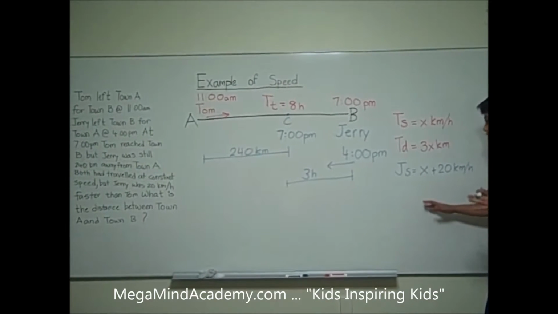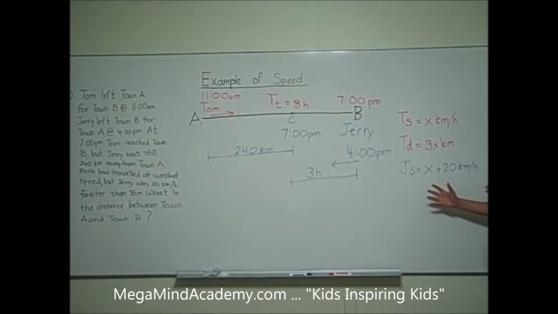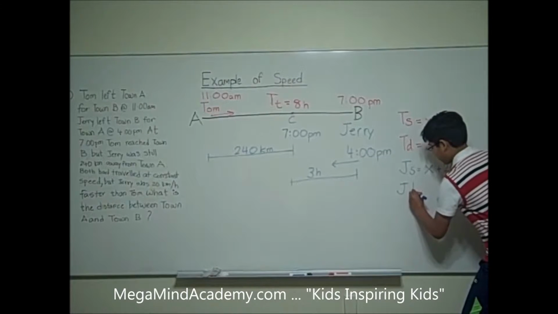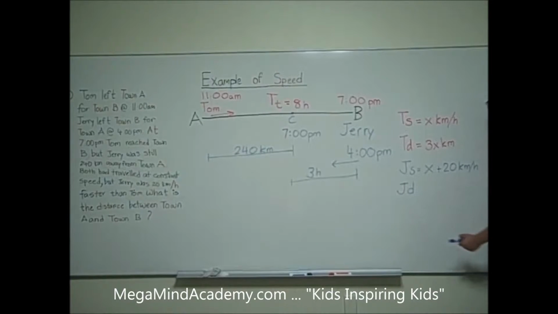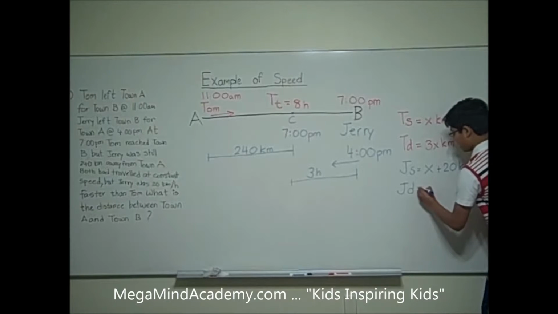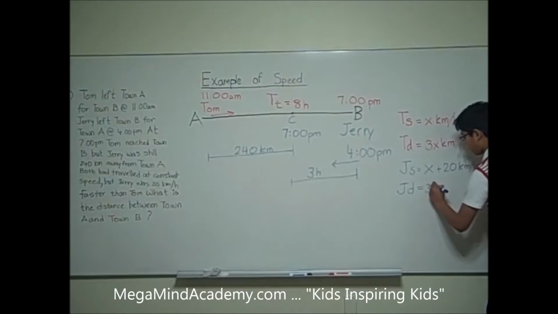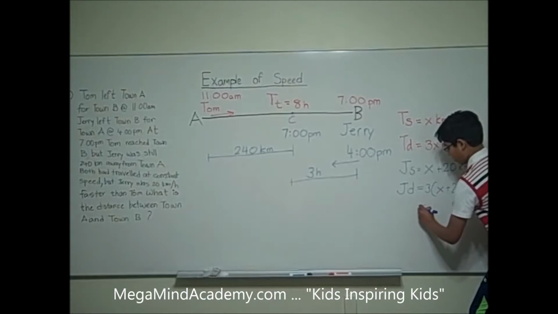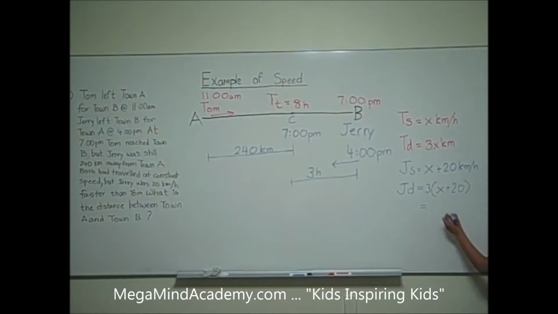So the distance that Jerry traveled in 3 hours, J for Jerry, D for distance, in 3 hours is equal to 3 times (x plus 20), which is equal to 3x plus 60.